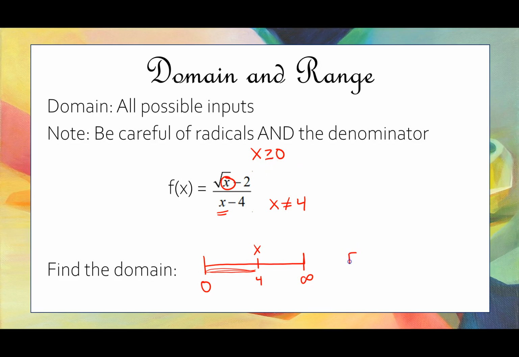So our domain is going to be from 0, and that means including 0, because you can have the square root of 0, to 4, union 4 to infinity. So the 0 to 4 is this interval, and then the 4 to infinity is this. And because we have open brackets on the 4, we're basically saying we cannot have 4. And again, this means that we can have 0. Of course, we can have the square root of 0.